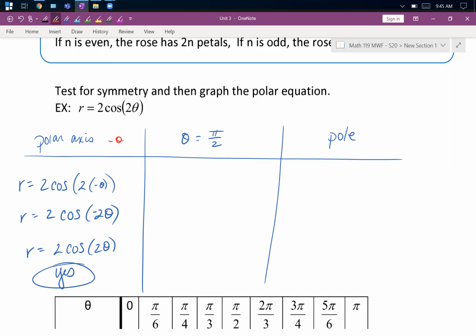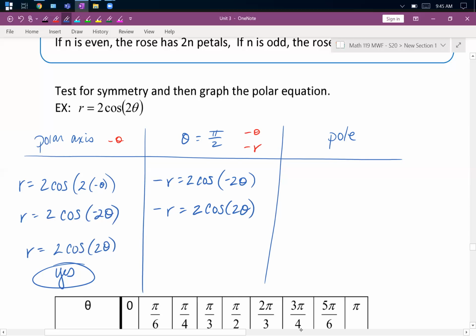For theta equals pi over 2, we're replacing both. Cosine of negative 2 theta simplifies into just cosine of 2 theta.